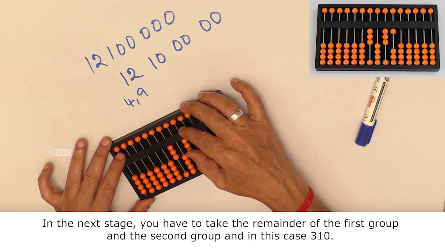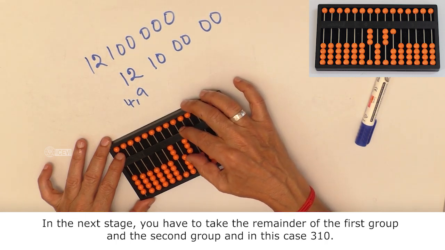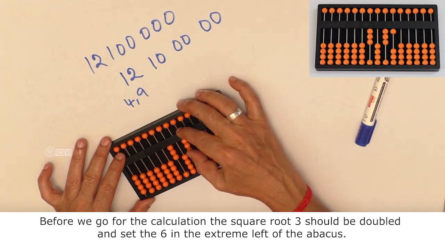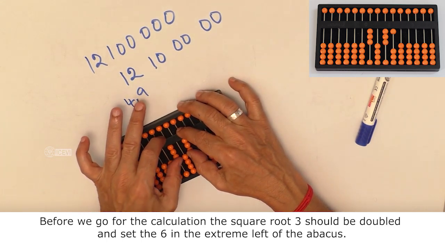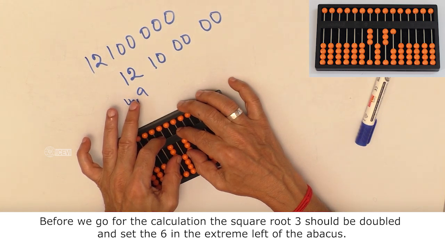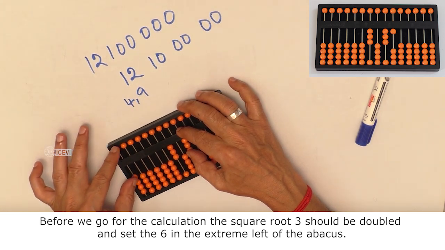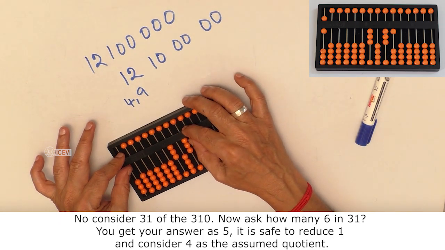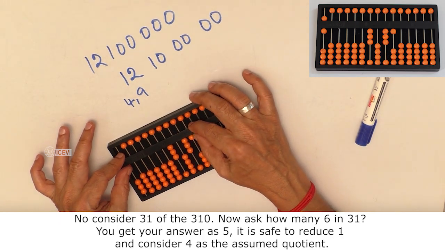In the next stage, you have to take the remainder of the first group and the second group. In this case, it is 310. Before we go for the calculation, the square root 3 should be doubled and set the 6 in the extreme left of the abacus.